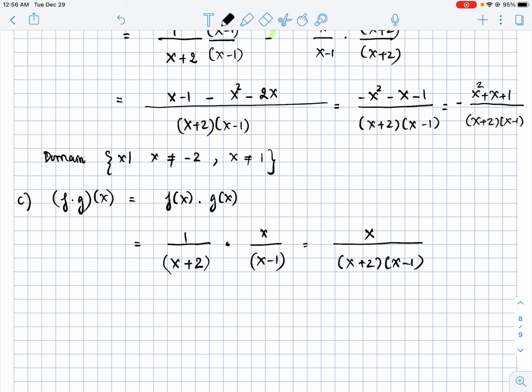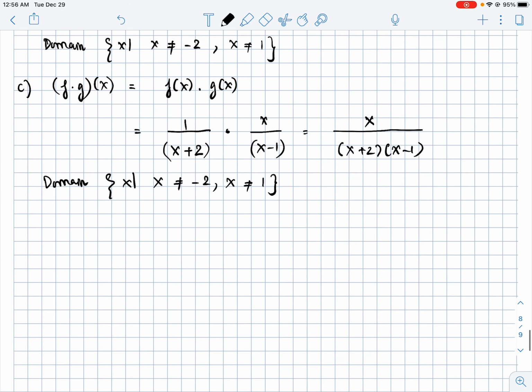So multiply the top together and the bottom together. And similarly for the domain, as in parts A and B, it is all real numbers, x not negative 2, x not 1.